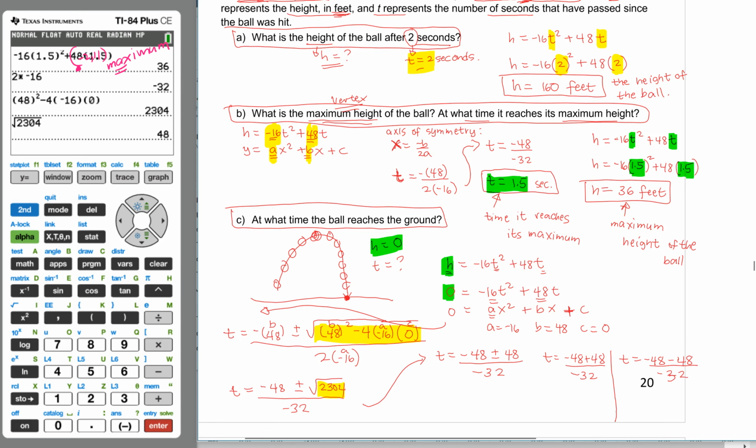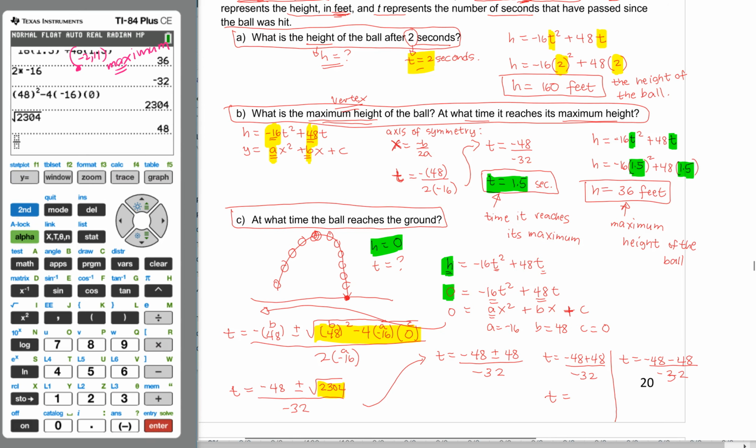Let's work this out in the calculator. I encourage you to use alpha y equals, then press enter, just to have the fraction form. You can also do it one at a time.